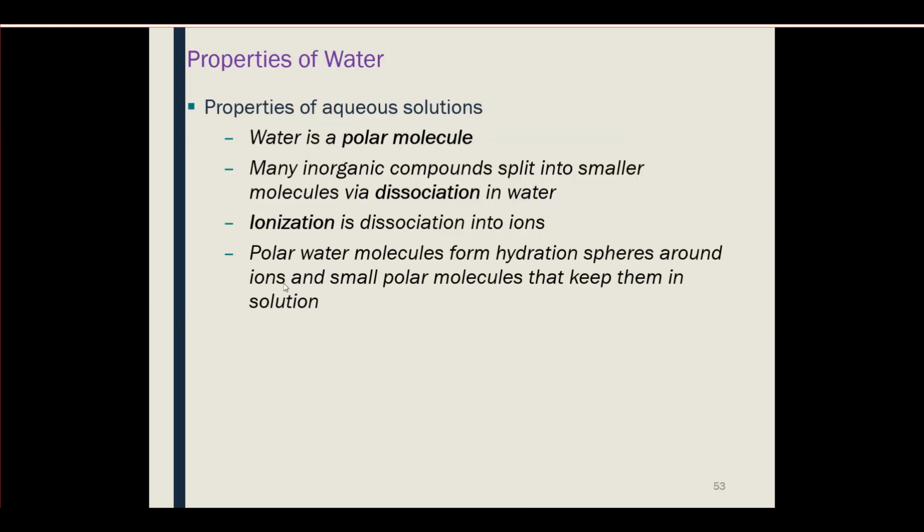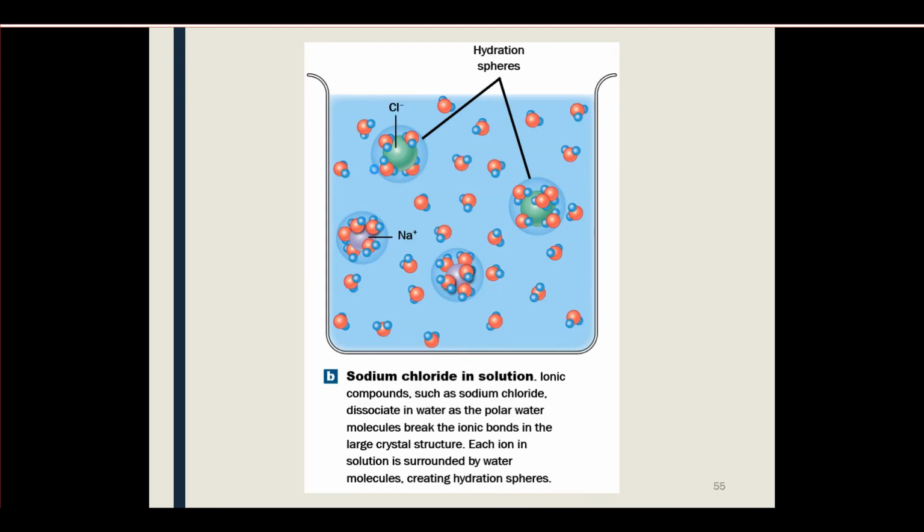Let's see if we have that in the notes right here. Polar water molecules form, highlight right here, a hydration sphere around the ions, and that's what keeps these polar molecules in solution, right? This is how sodium chloride, salt, dissolves in water.